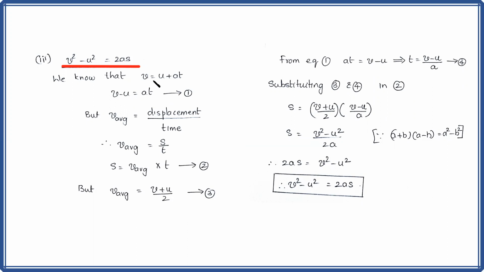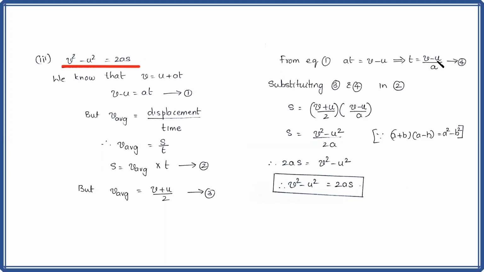From the first equation, AT is equal to V minus U. Keep T alone on the left side, send A to the right side.